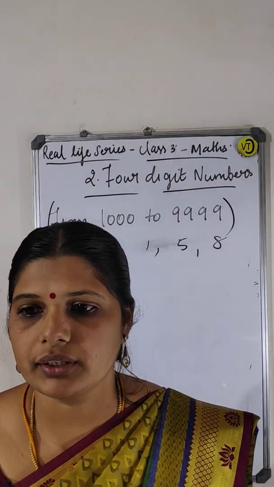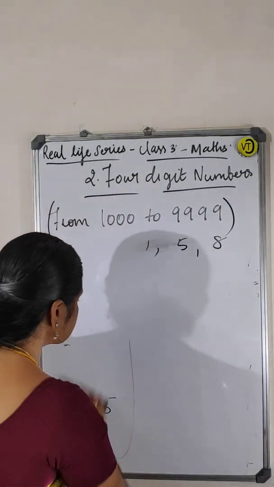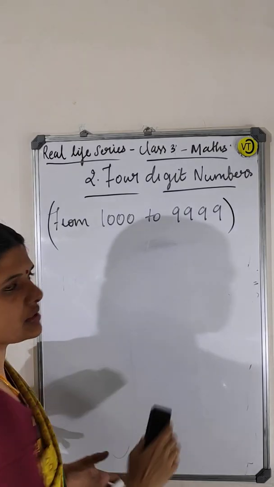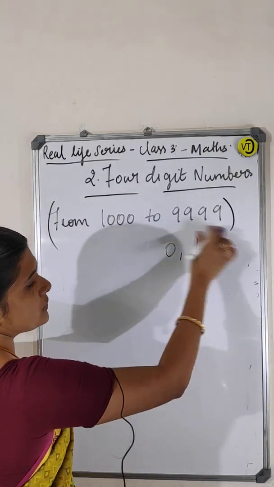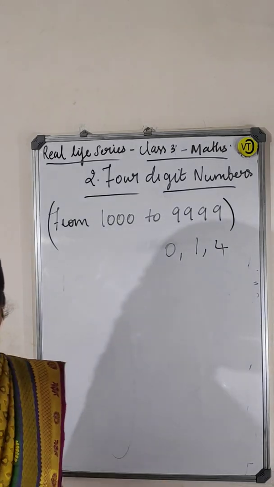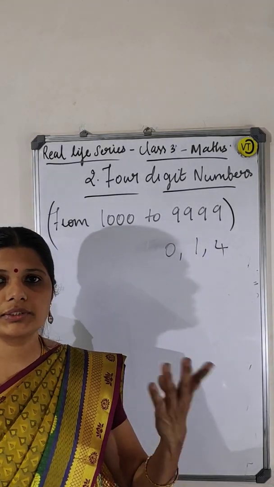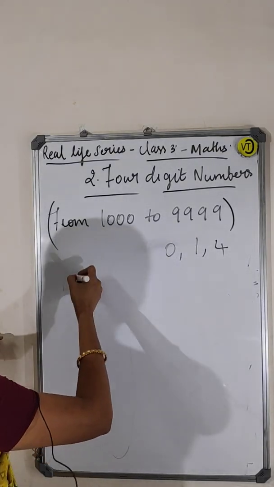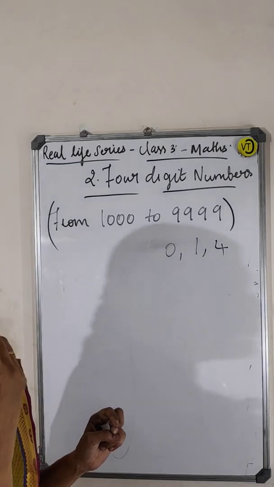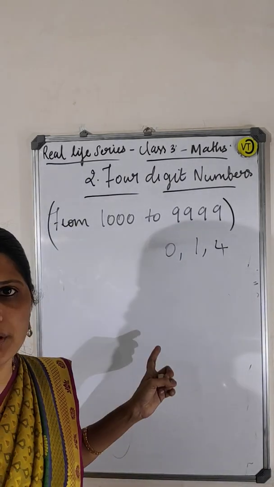Okay, one more: I am using 0, 1, 4. See, this case is somewhat different here, guys. You have to write the 3-digit numbers you can form. Here if I write 0 first, there is no value for that 0. You should not place 0 first.